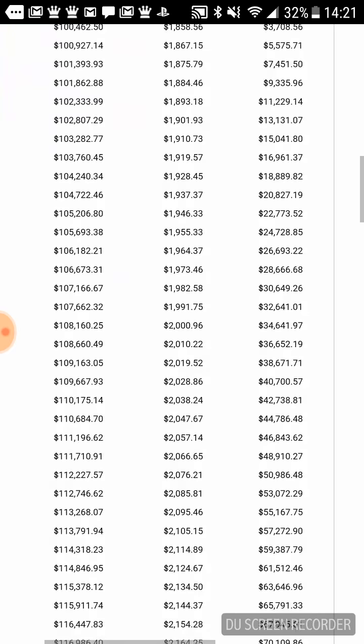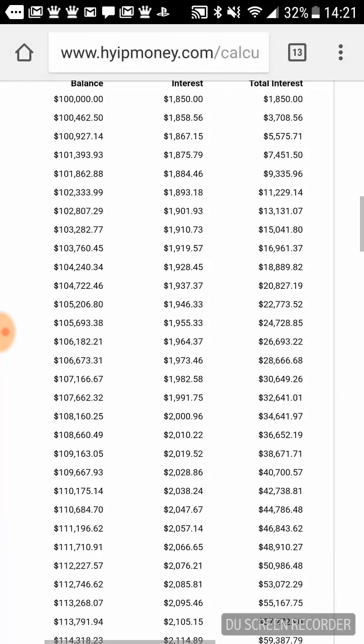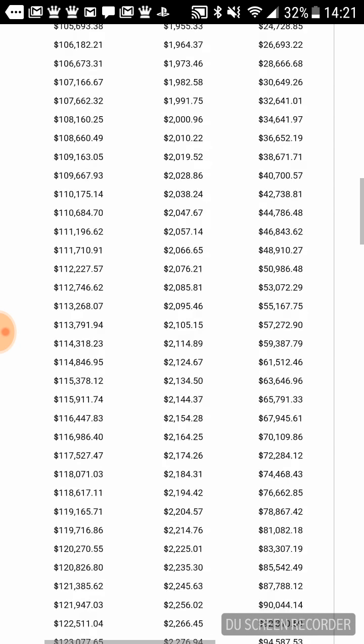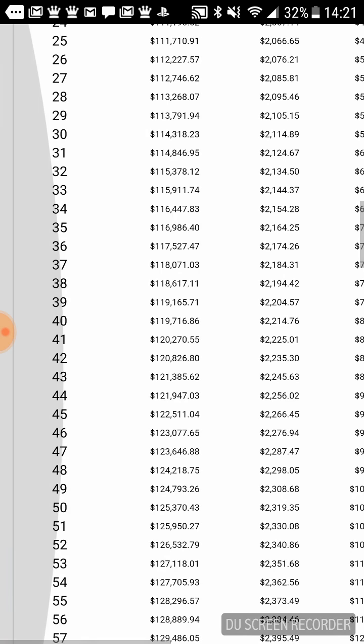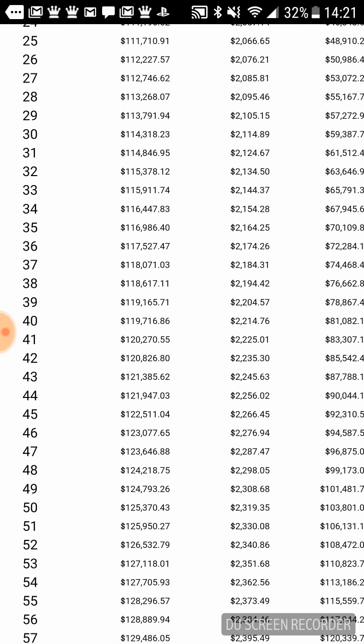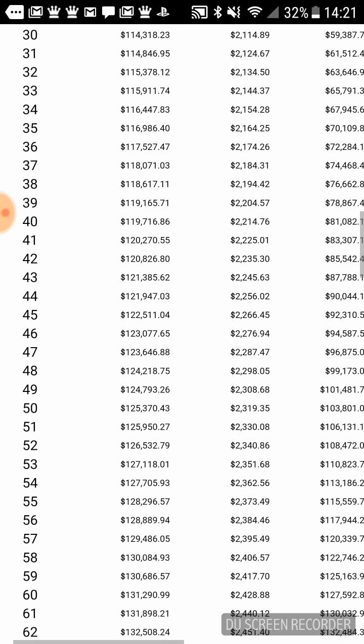Looks like it's going up by about $8 a day, starting at $18.50, and after a month, 30 days, you got almost $300 extra interest that you're generating every day.